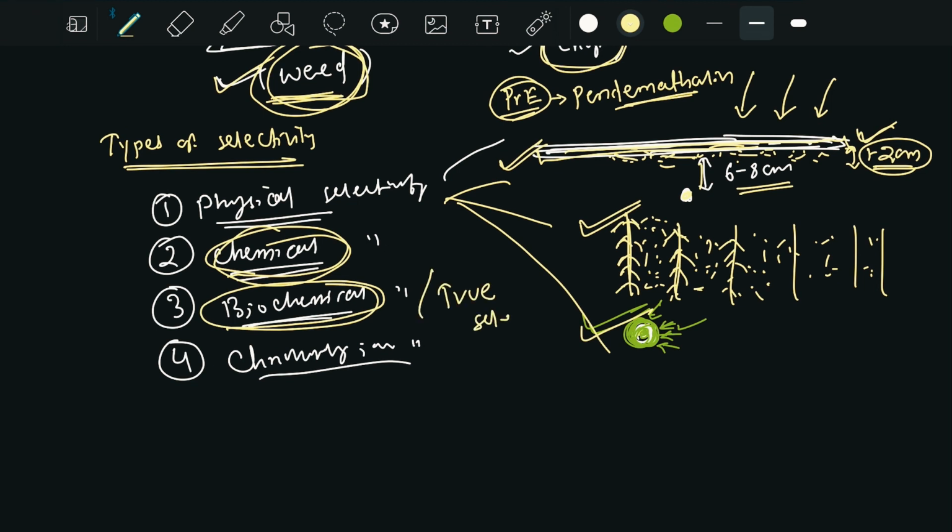Biochemical selectivity means, for example, two students are there, and one has less digestive capacity and another has more digestion capacity, and we are feeding both of them up to 100%. Which student will suffer more? The student who has less digestion capacity.